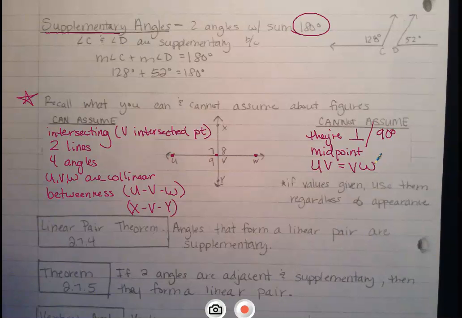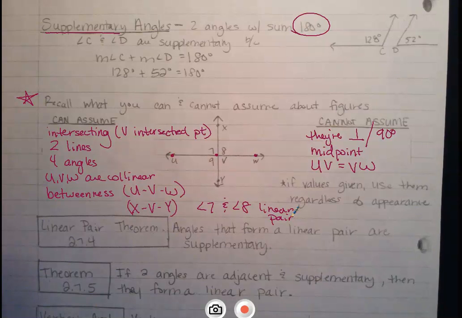Pick a set that do have numbers. 7 and 8 is a linear pair. So angle 7 and angle 8 are a linear pair. What's another example of a linear pair? 9 and 7, okay, because they make a straight line.